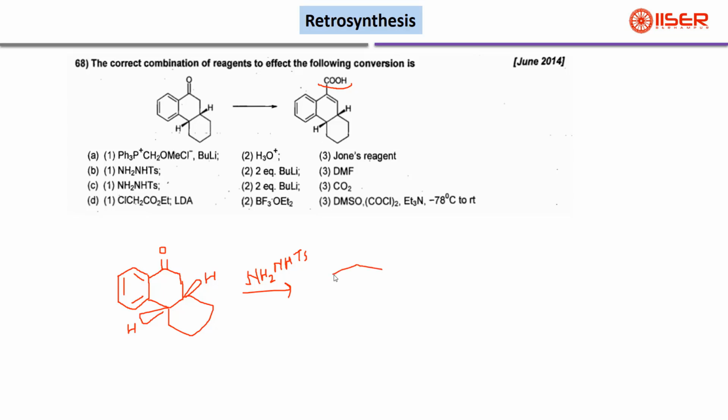Whenever a carbonyl is transformed to an alkene with a new group incorporation, always think about this Shapiro reaction.